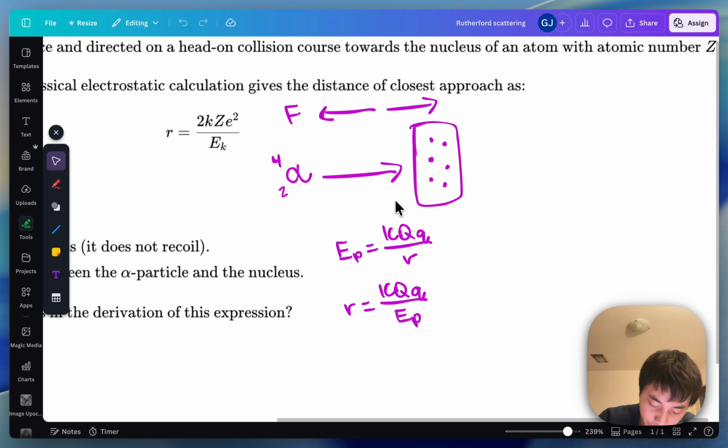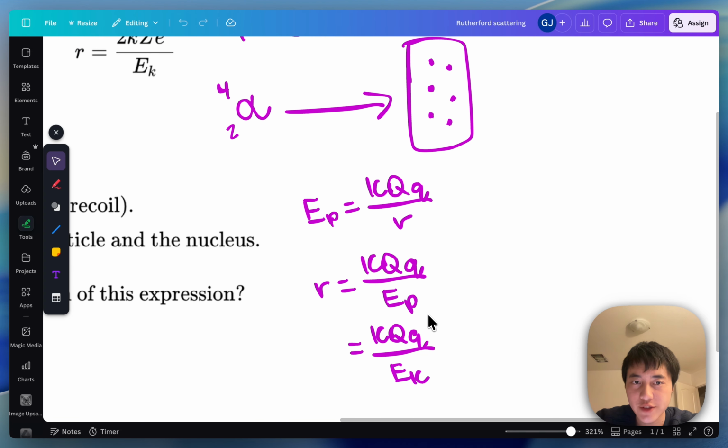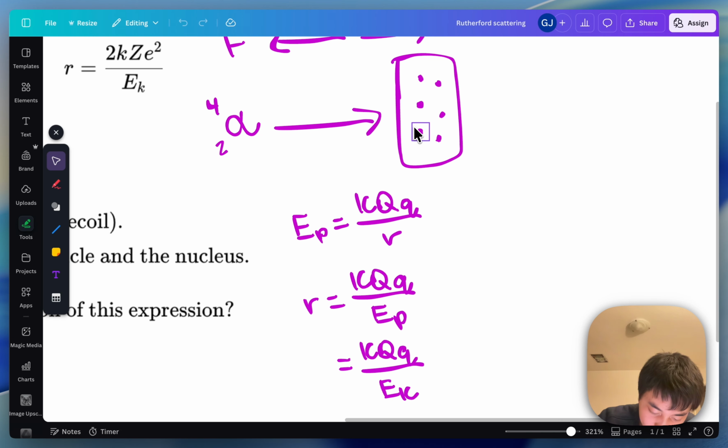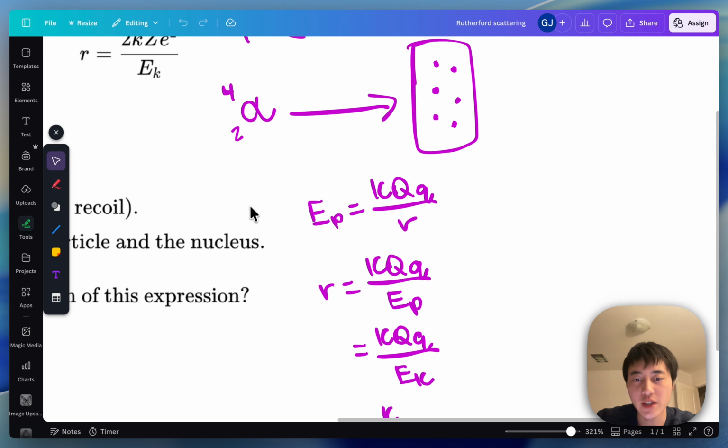And so we can also just write this as kQq over E_K. We're getting closer to this. Now we just need to put in the charges, to make it more specific to the situation. Let's say capital Q is the charge of the alpha particle. Since it has 2 protons, it's going to be 2 times elementary charge.